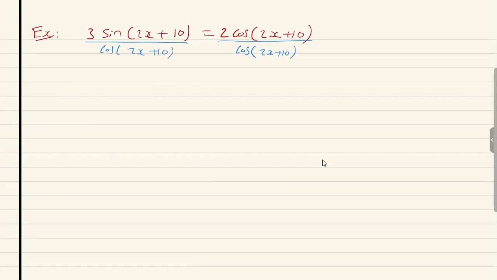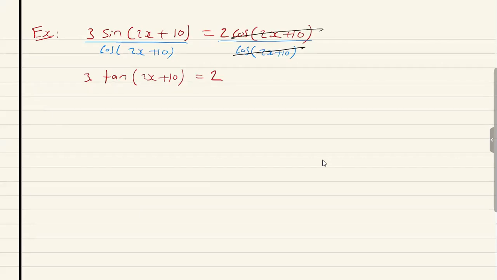Cosine 2x plus 10 cancels. Sine 2x plus 10 divided by cosine 2x plus 10 is tangent, so 3 times tangent 2x plus 10 is equal to 2.